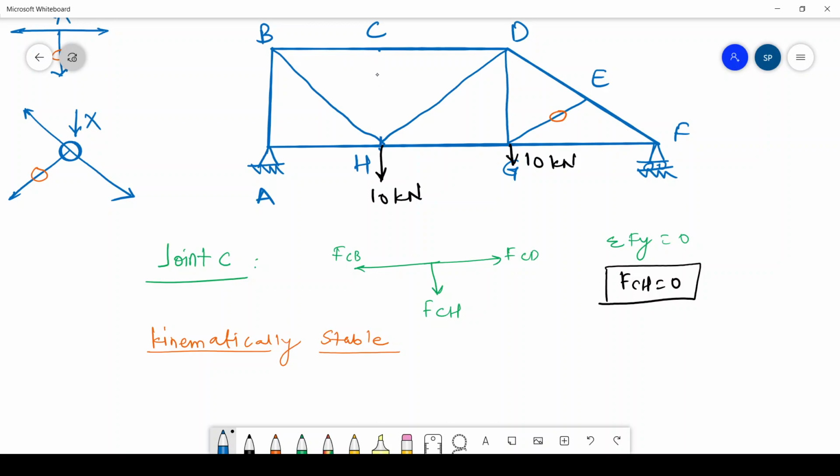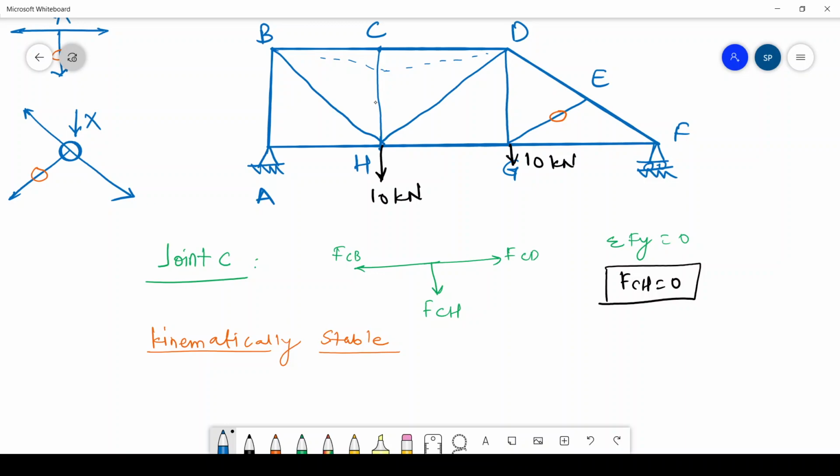If I remove this member, there may be bending of this BC, CD member. There is a joint at C, so it may get deflected in this fashion, because there is no restriction on this deflection. So if there is member CH, then definitely it is going to keep this structure in position.